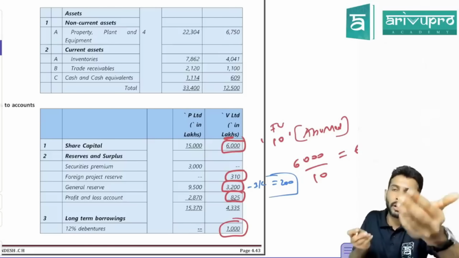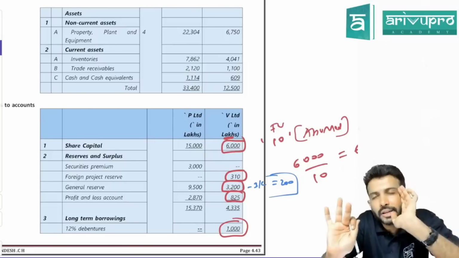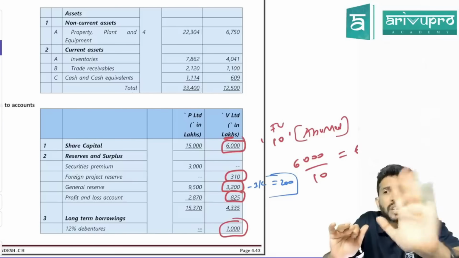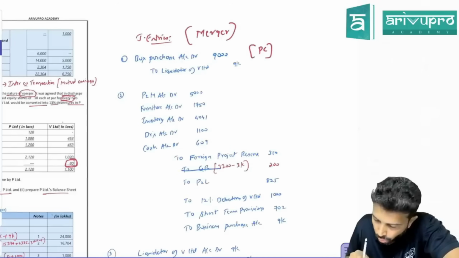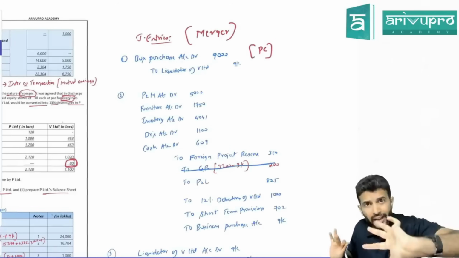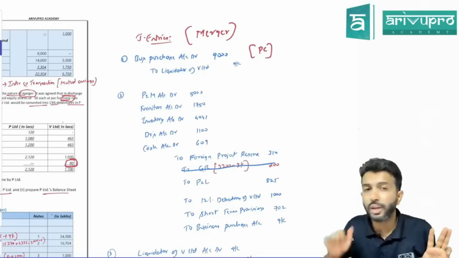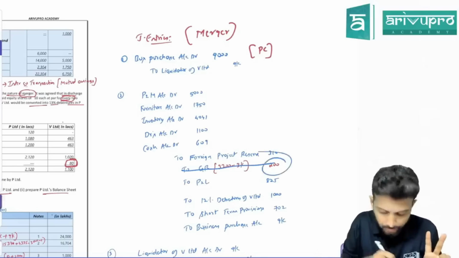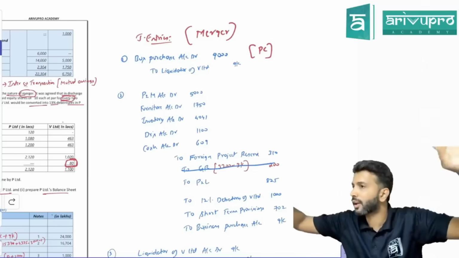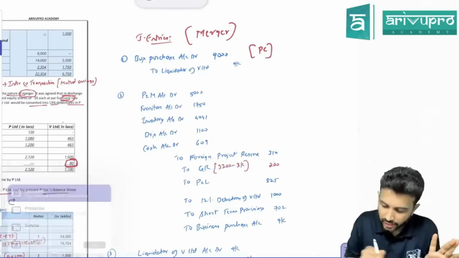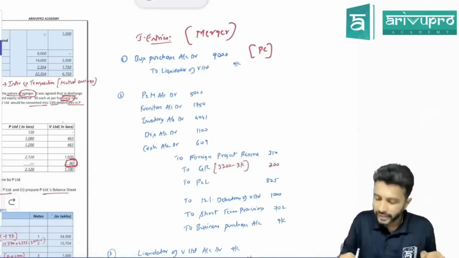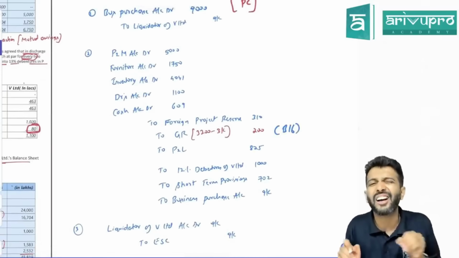Or if you feel, sir, I'm not comfortable with this adjustment: if the purchasing company suffers a loss, we have to adjust it in reserves. Which reserve did I say? General reserve. So when you're passing the journal entry, don't write general reserve. Rest all assets, all liabilities, all reserves, you put at book value. Your journal entry will not match. There will be an exact difference of 200. That difference itself is general reserve. So you don't have to break your head. Or if you want logic, the general reserve balance was 3,200. We adjusted 3,000. So it has to be 200. Either calculate like this or get this as a balancing figure.